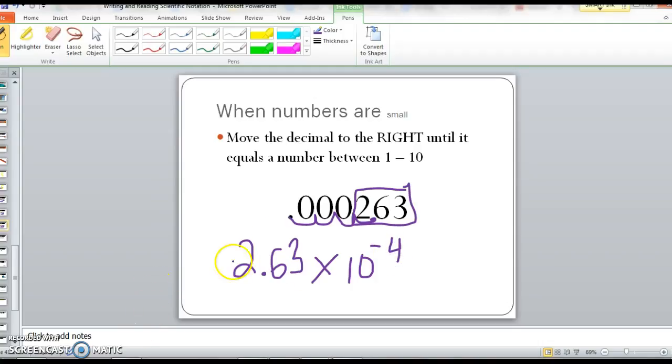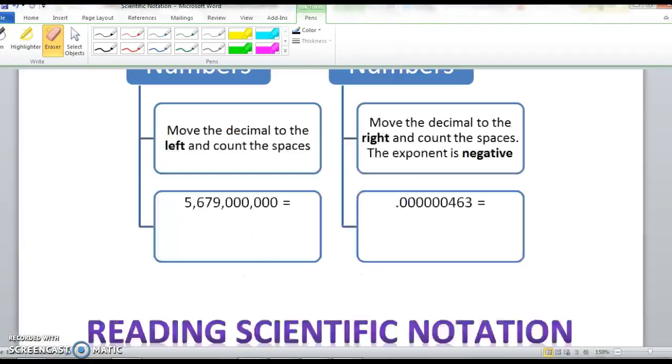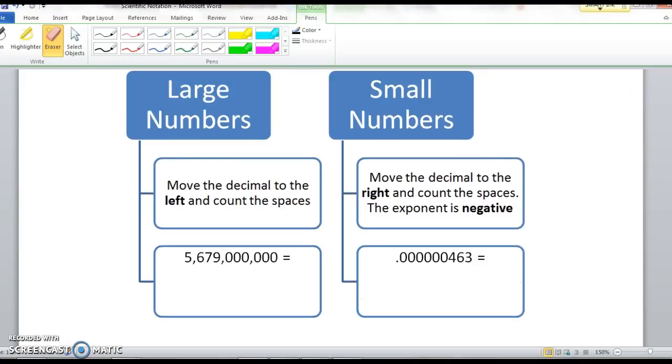Okay? Now, what I want you to do is get out your graphic organizer, and we're going to fill out the section on writing small numbers in scientific notation. So you move the decimal point to the right and count the spaces. The exponent is negative.